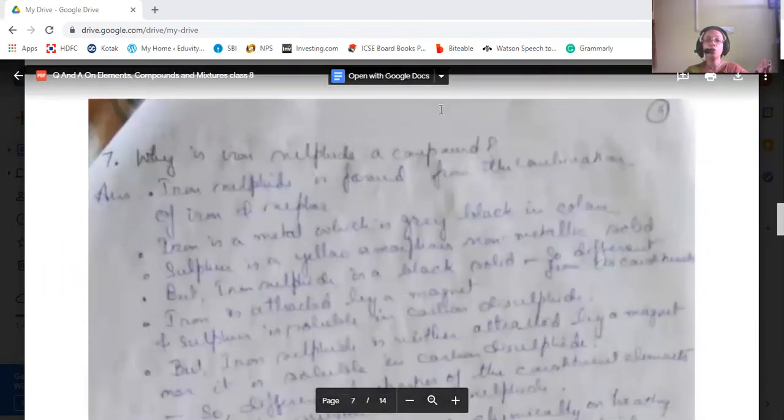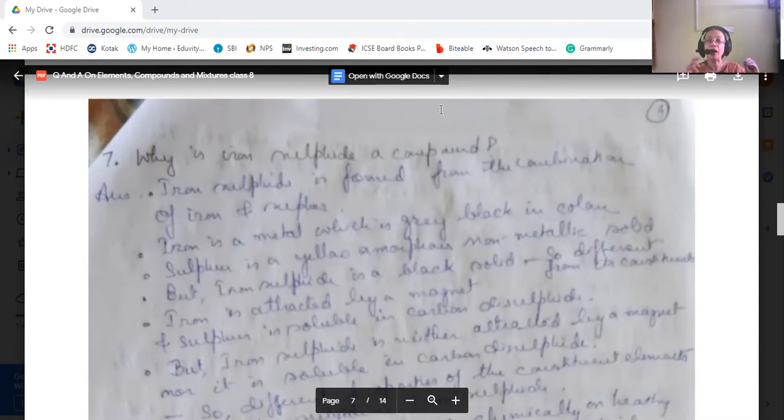Now we come to why iron sulfide is a compound. Iron sulfide is formed from the combination of the elements iron and sulfur. Iron is a grayish black metal, whereas sulfur is a yellow amorphous non-metallic solid.